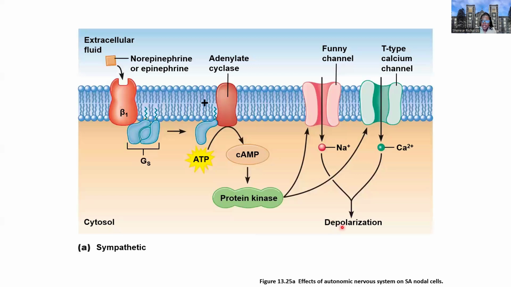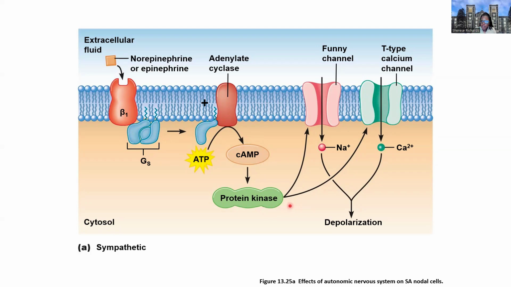So let's look at some of the mechanisms for this event. So we have the hormone or neurotransmitter binding to beta-1 receptors. These are coupled to G-stimulatory proteins. Alpha subunit activates this amplifier enzyme, adenylate cyclase, which in turn turns on the second messenger, cyclic AMP.